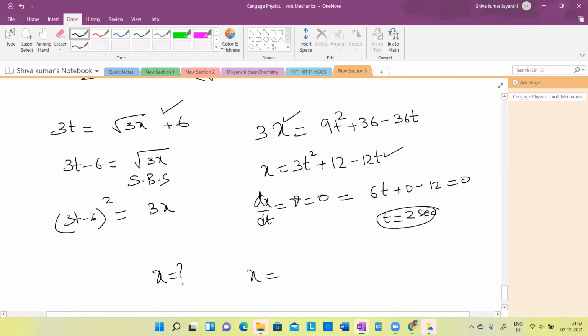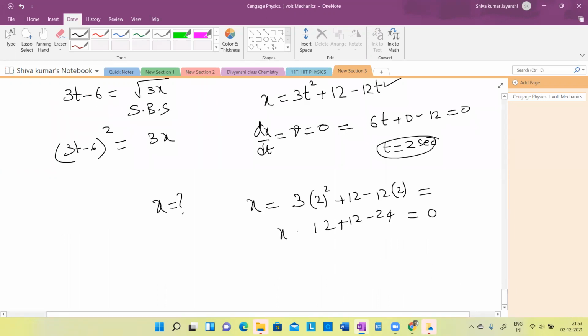So x equal to, put that 2 here. 3 times 2 square plus 12 minus 12 into 2. 3 twos are 12, plus 12 is 24, minus 24. So the displacement comes out to be how much? 0. At the time t equal to 2, the body has come to rest. It has come back to the same position where it started. X is equal to 0 meters.